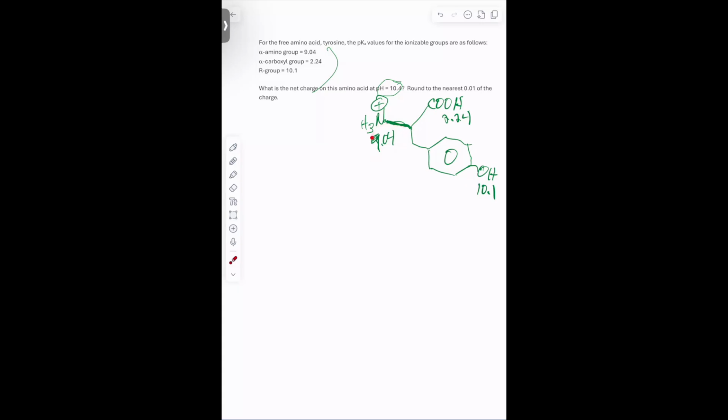With a pKa of 9.04, at a pH of 10.4, the pH is greater than the pKa, so this will be mostly in its deprotonated state. So honestly, most of it will look more like this.